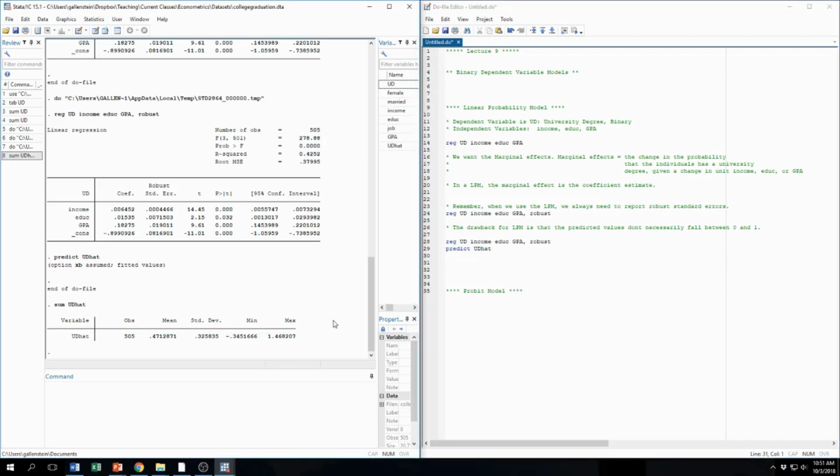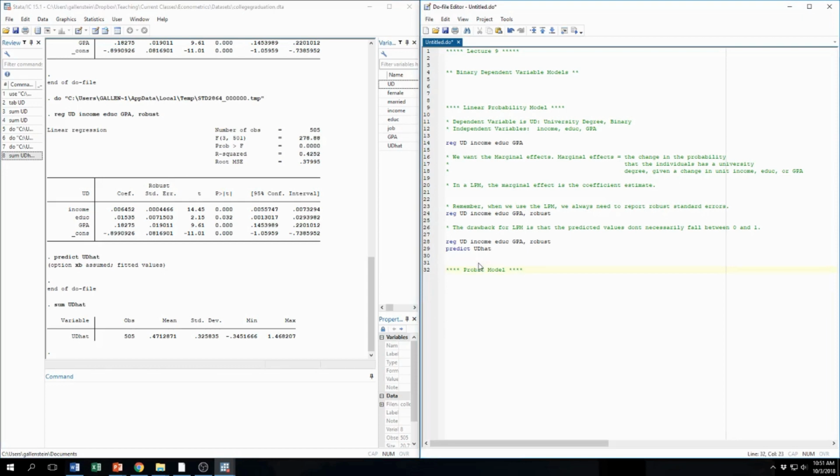This is a problem if we want those predicted probabilities. Sometimes in our analysis we need predicted probabilities. Sometimes we don't. If we need them, then the linear probability model is not the approach that we should use. Instead, we should use the probit model.